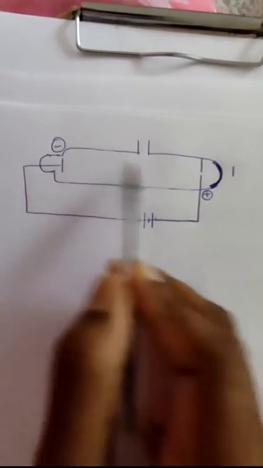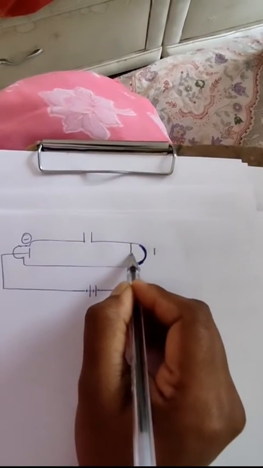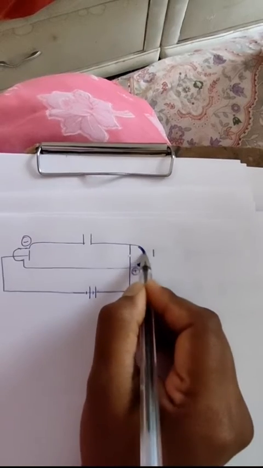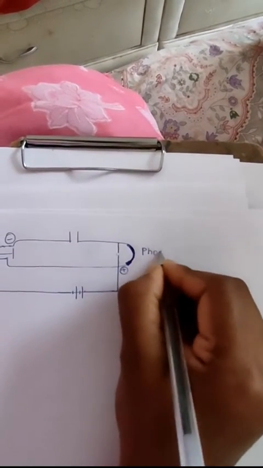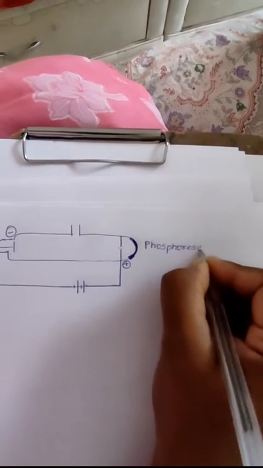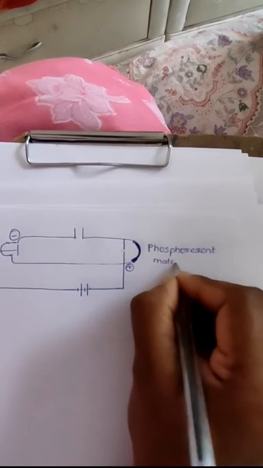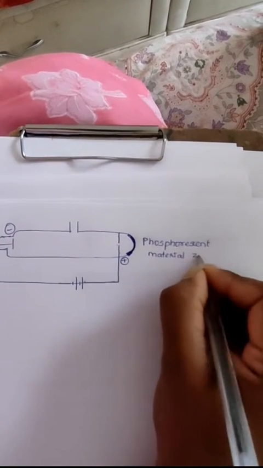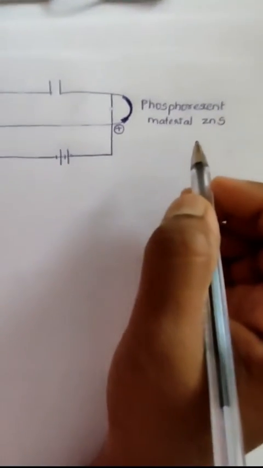This is the cathode and this is the anode. In the anode they made a small hole, and at the back of the anode they coated it with a phosphorescent material, zinc sulfide.